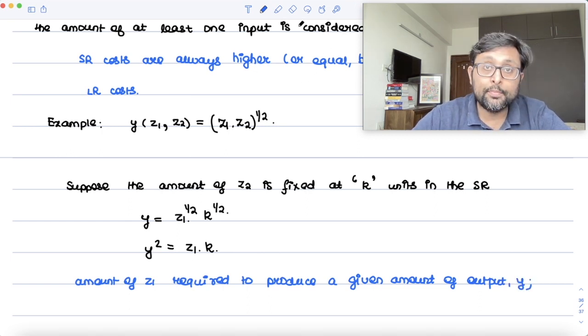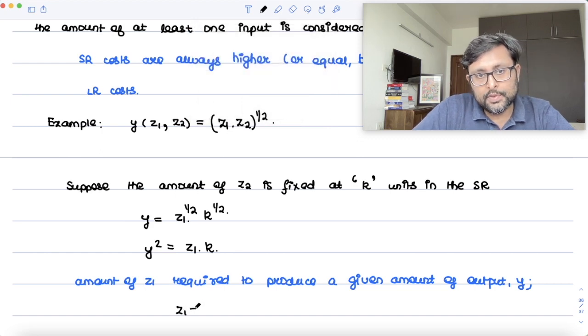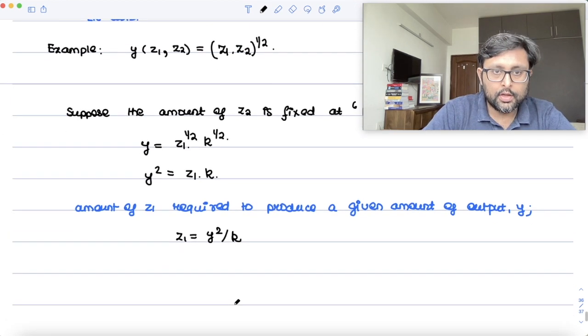So what will that be? Z1 would be equal to Y square by K. It is like this. Okay.